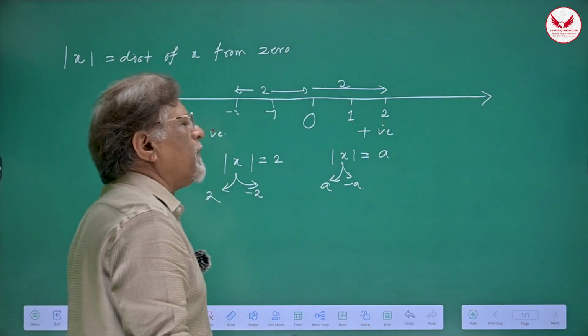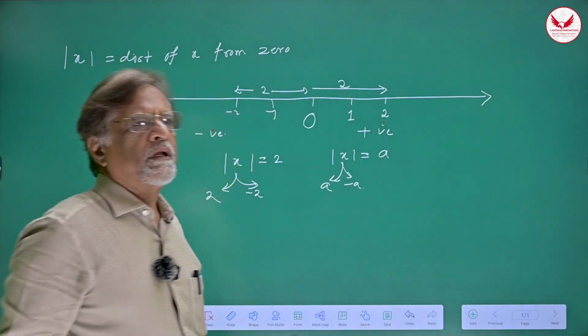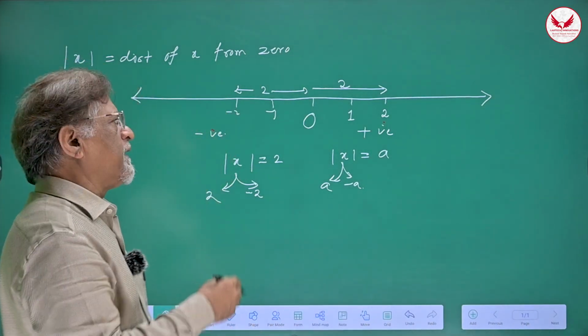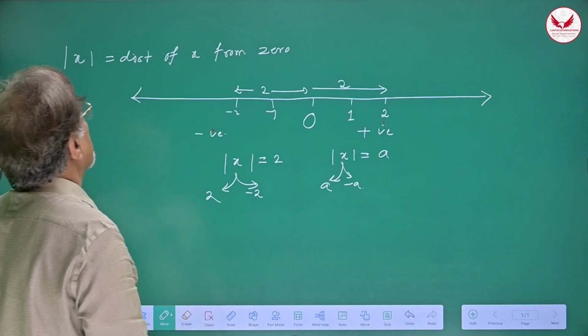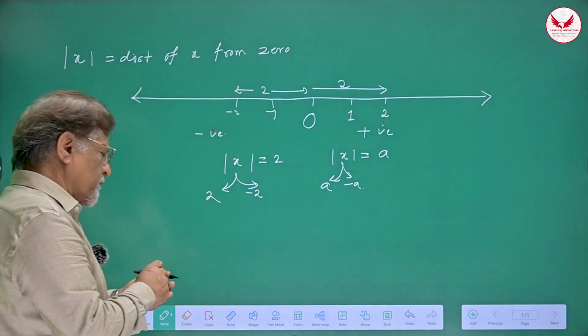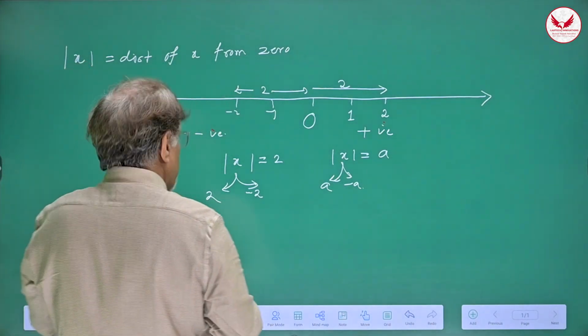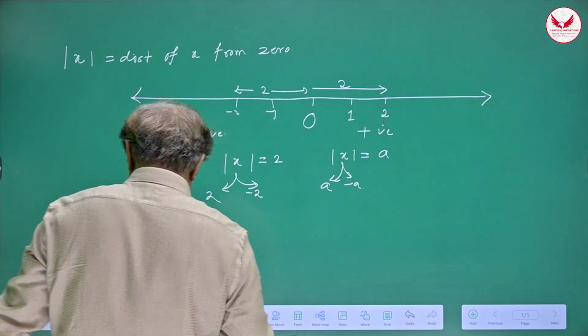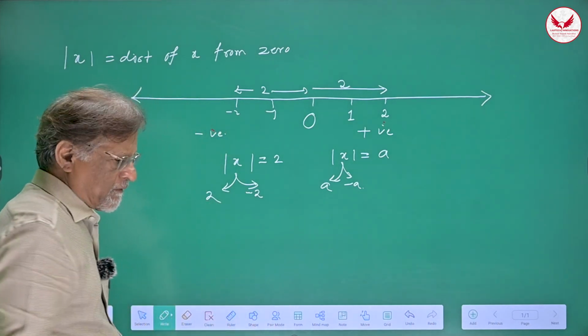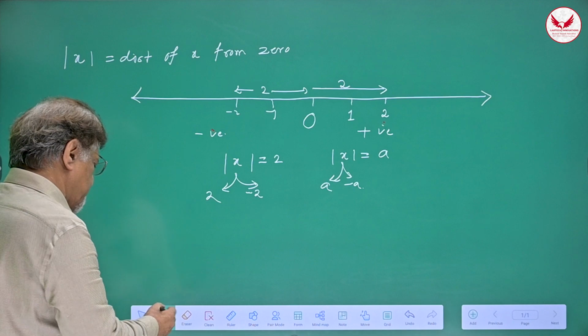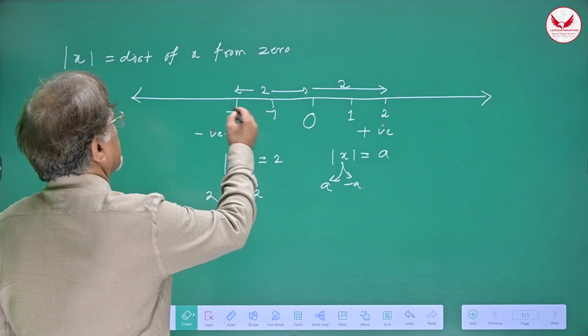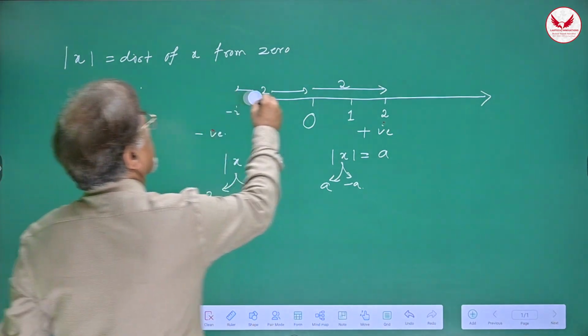So it is 11. Minus 11, mod of minus 11. How much distance is there between minus 11 and 0? 11 units. Therefore, it is a distance from 0. Okay. So now let us see what is the graph of this function. Graph of this function is like this. Let's remove this first.